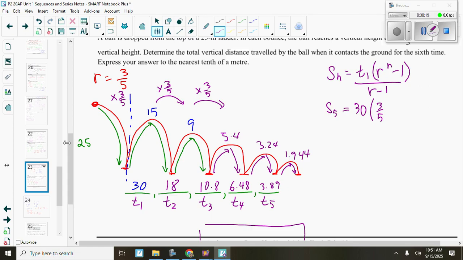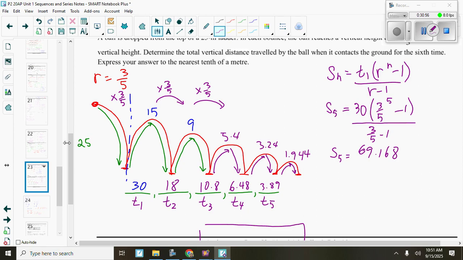All right, and then we have (3/5) to the power of 5, subtract 1, all over 3/5 subtract 1. We put that into the calculator. The calculator can do all the work. These are just numbers. As long as you're inputting it correctly with brackets or using the stack fraction feature, you should be able to get 69.168.